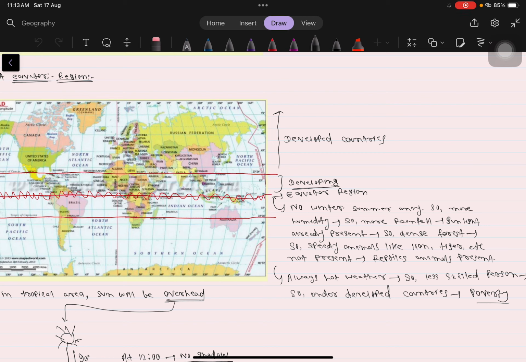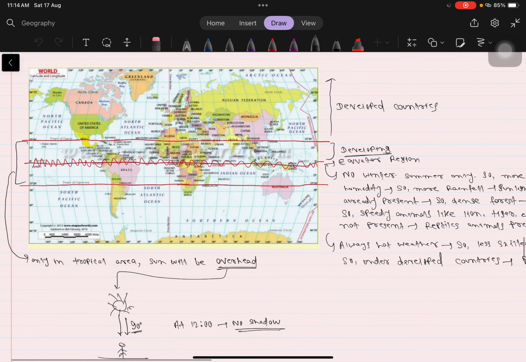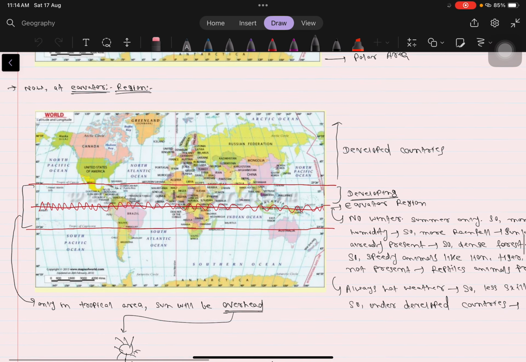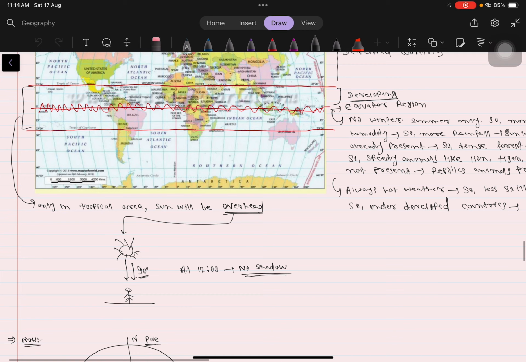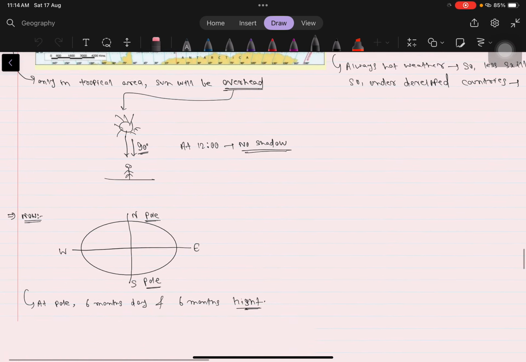So more humidity, water sources, more temperature, so more rainfall, so tropical evergreen forest, with many reptiles. Also, hot weather means fewer skilled persons, so poverty there. The colder regions are the developed countries, and those in between are developing countries. Only in tropical areas will the sun be overhead, so at 12 noon no shadow is formed.